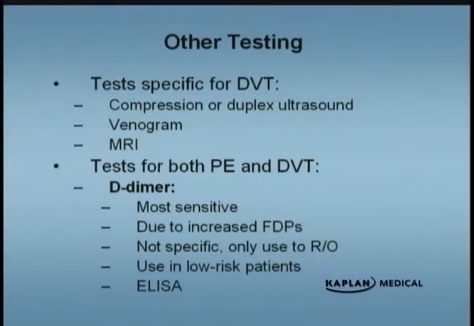And now a couple of other tests that have come about in the last couple of years that are very important, and they're going to be probably more important as time goes by. And this is the D-dimer.